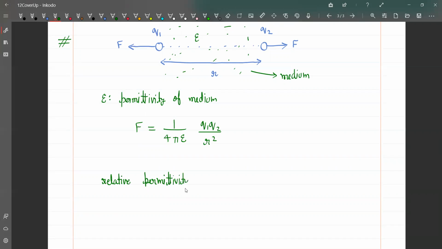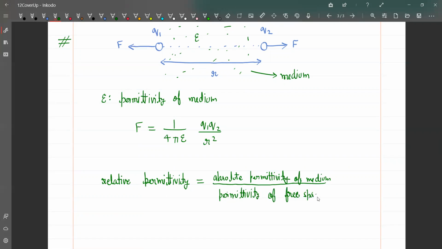Relative permittivity is written as the absolute permittivity of the medium divided by the absolute permittivity of free space, that is, vacuum.